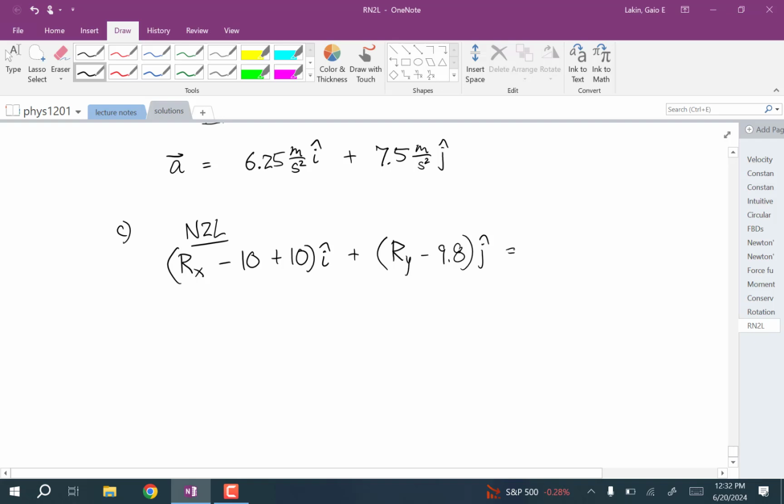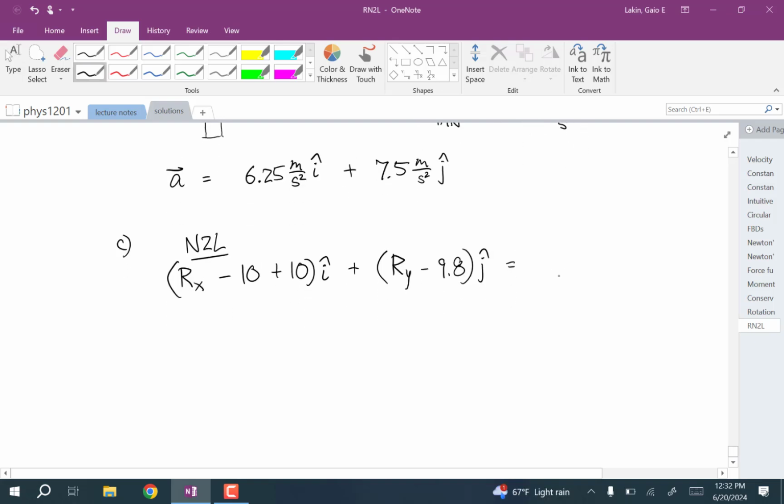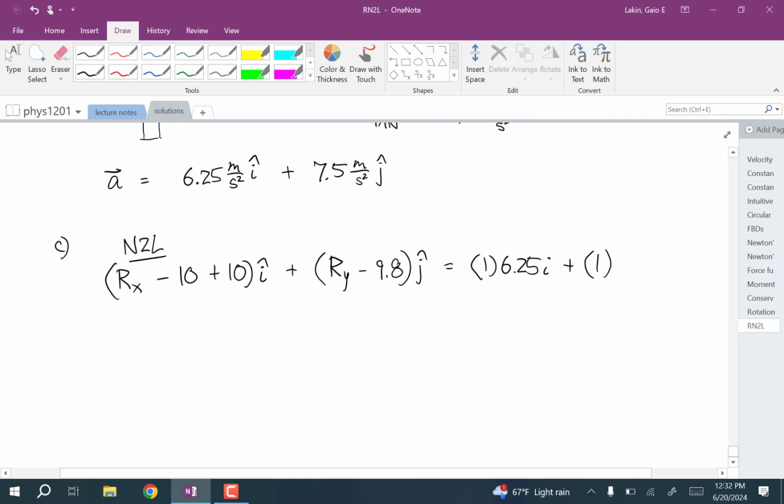And these are the forces in the j direction. And these are equal to the mass of the body, 1 kilogram, times the acceleration in the i direction, plus the mass times the acceleration in the j direction. Okay? These are the acceleration components of the center of mass. That's what you have to use in Newton's second law.